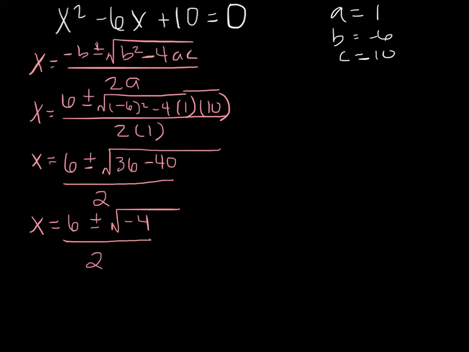So for now, I'm going to pause this right here because I'm going to introduce you to complex numbers and the imaginary number system, okay? And this reason right here, why they are trying to take a square root of a negative number, is why they came up with this imaginary number system. It's a way to solve the problem of taking the square root of a negative number.